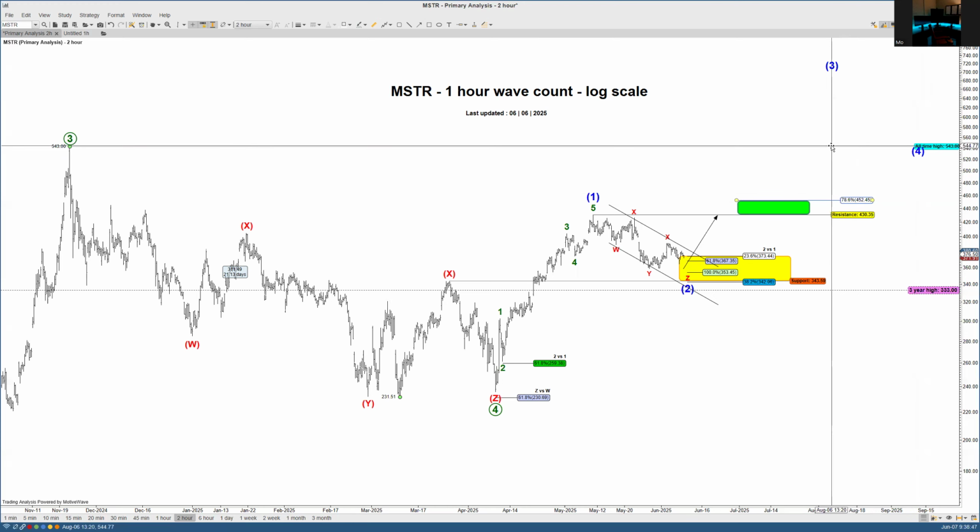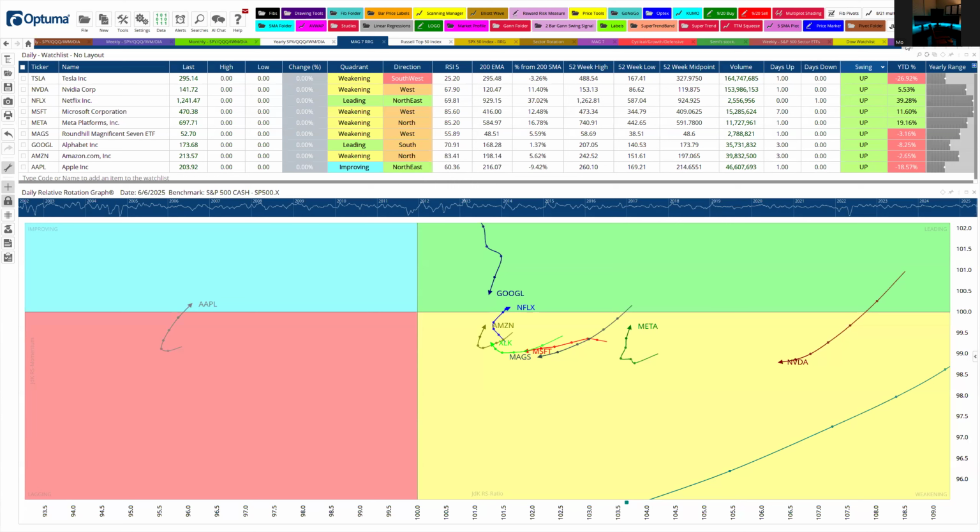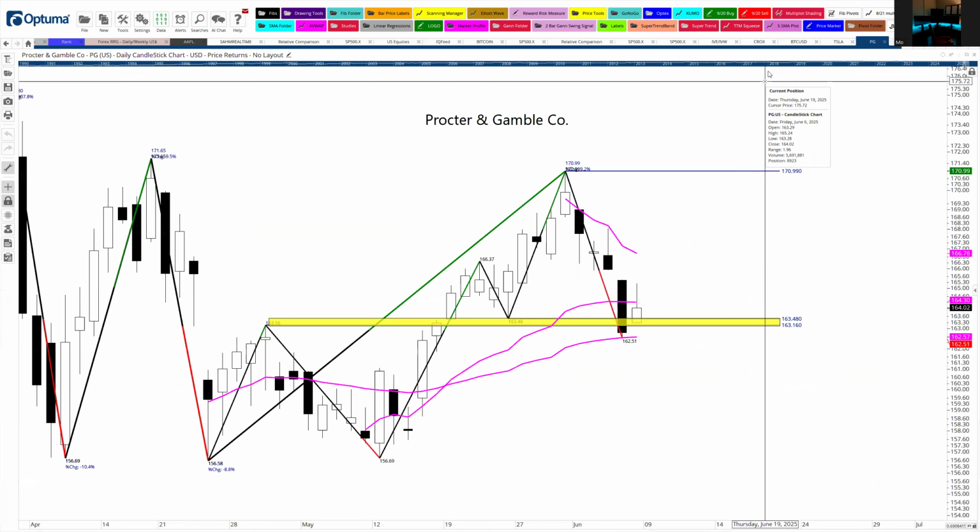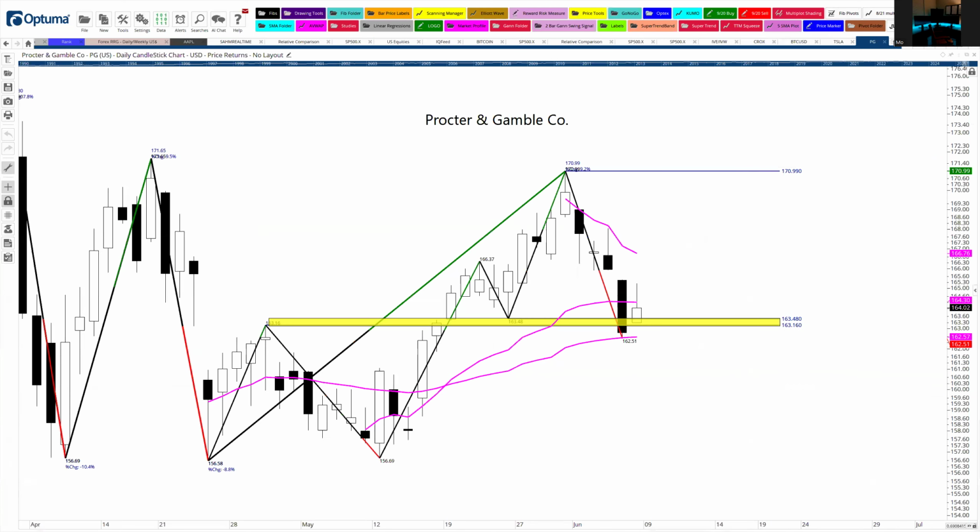Now, how we can make a case here for a third wave is we can do an RRG, which shows it's in a lagging quadrant, so the wave two is working.